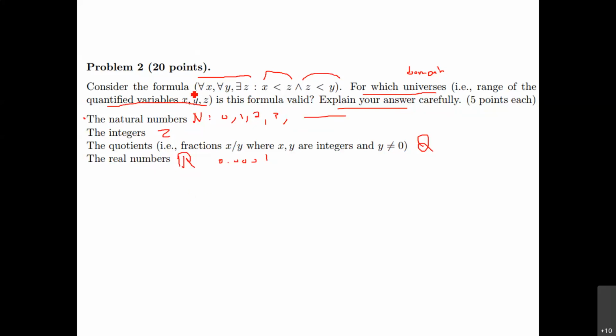So can anybody tell me what the formula is trying to say? Like when you say I can find a z that's greater than x and less than y, what's that telling me?